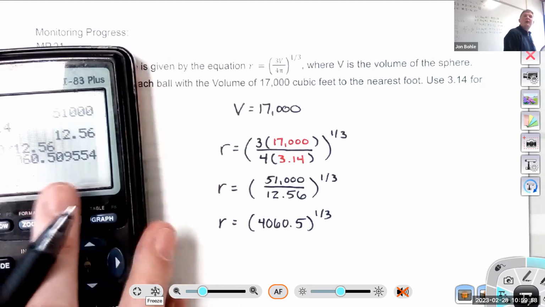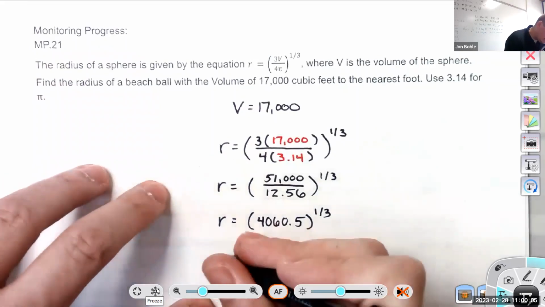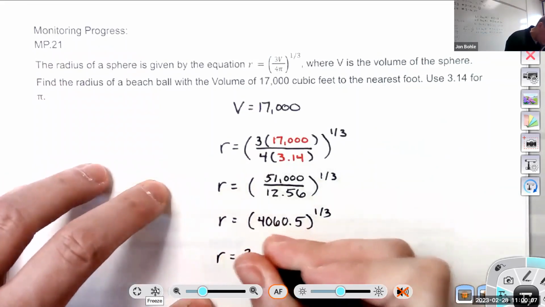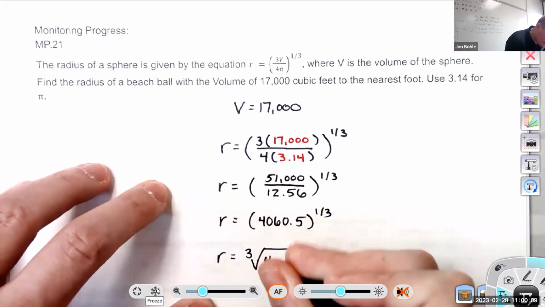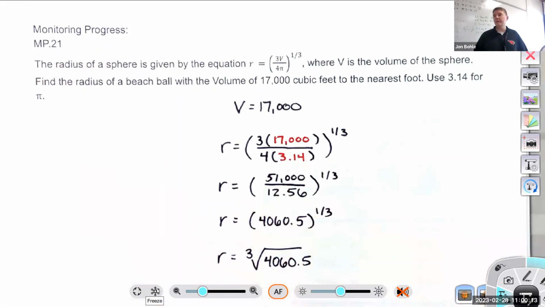What does it mean, the 1/3 power? If I take a 1/3 power of a number, that means the what? The third root. So this actually is just saying that my radius of this ball is going to be the cube root of 4060.5.